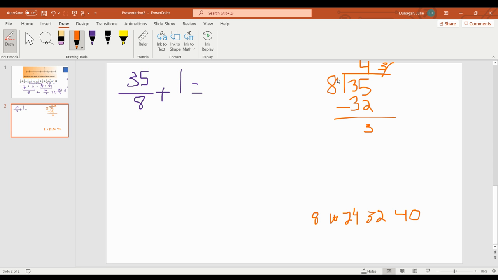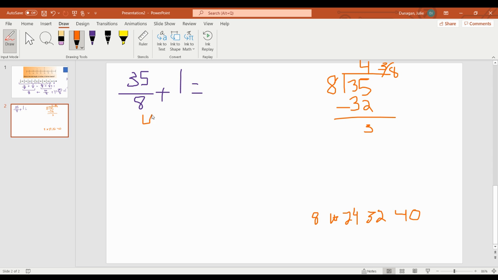And my divisor, the number I'm dividing by, becomes my denominator because that was what we had before. So now we know 35 eighths is the same as 4 and 3 eighths.